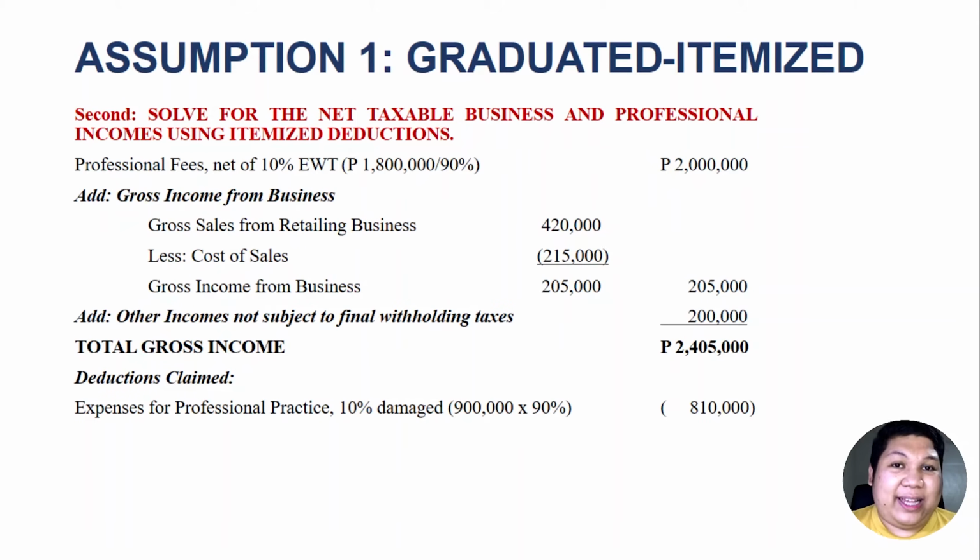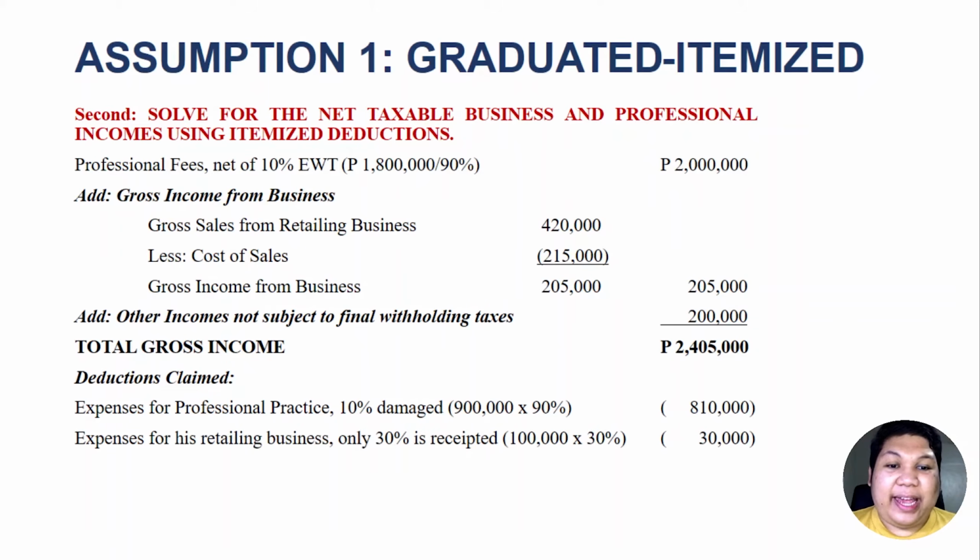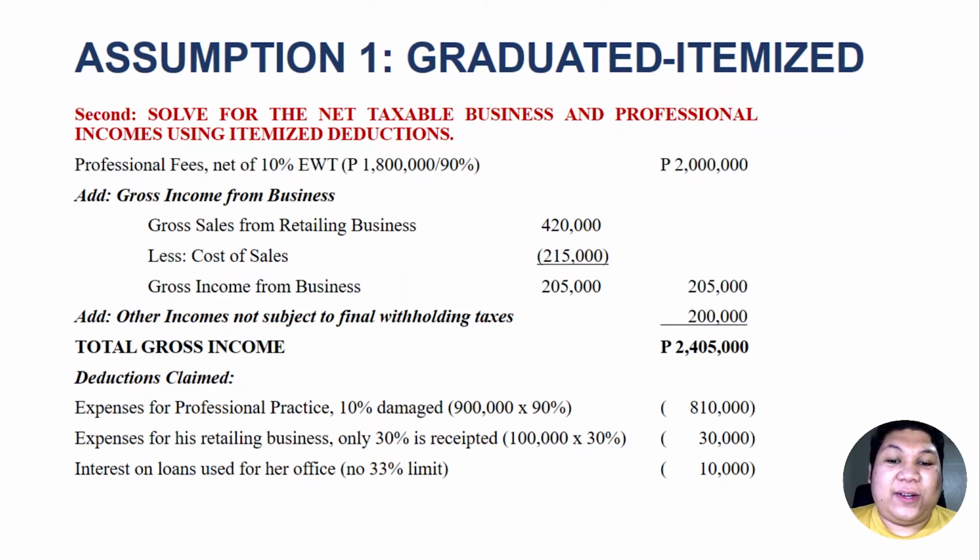So that is 810,000 pesos. And we also have here expenses from his retailing business, and it was said that only 30% was receipted. Therefore, the other 70% is unreceipted. So that is 100,000 times 30%, so 30,000 pesos.